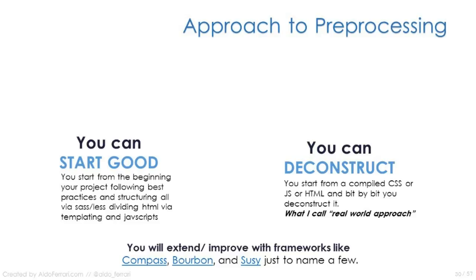After that, you go to each file and you can manually transform it into nested Sass with variables, with mixins, and so on. And this is a real approach. Usually what you get is not like Bootstrap, a framework already divided in Sass. What you get is 10,000 lines, and bit by bit you start to work on a button, after 1 week on a grid, and so on.